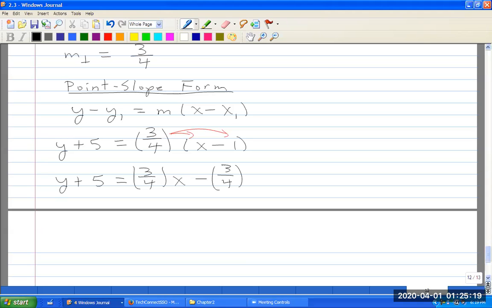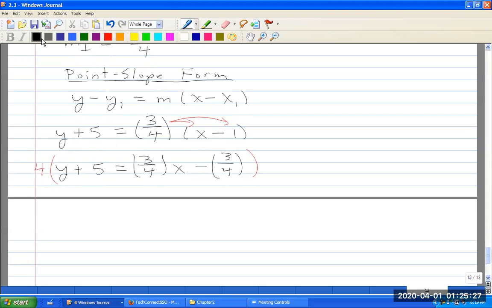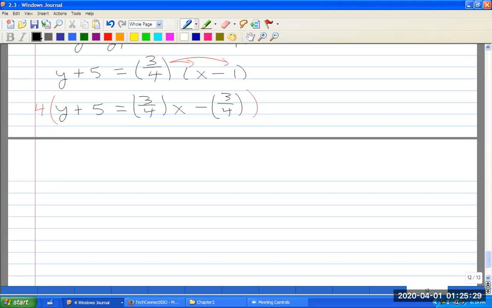Let me multiply both sides of my equation by 4, just to get rid of the fractions for a second. So 4y plus 20 equals 3x minus 3. Subtract 20 from both sides of my equation, so 4y equals 3x minus 23.